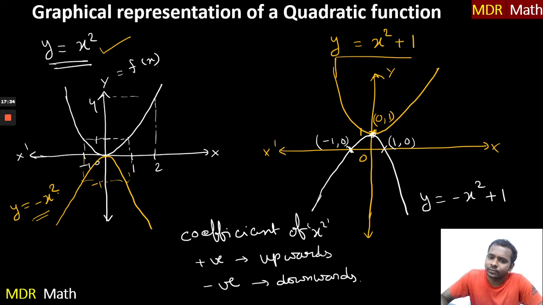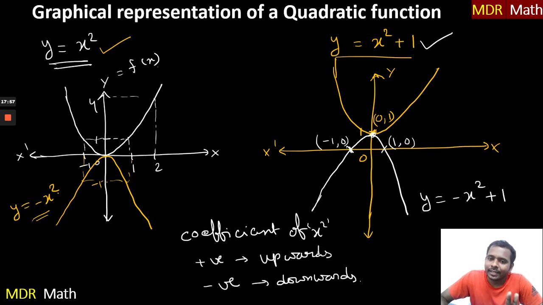So then what about this y is equal to x square plus 1? The x square plus 1 curve does not intersect the x-axis. It is not intersecting the x-axis, and it does not even touch it. That means y can never be equal to 0.